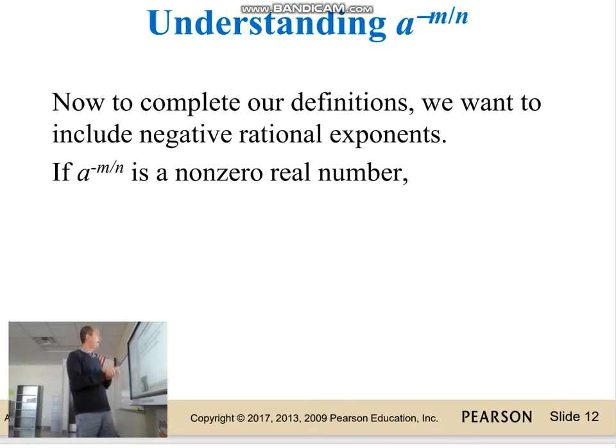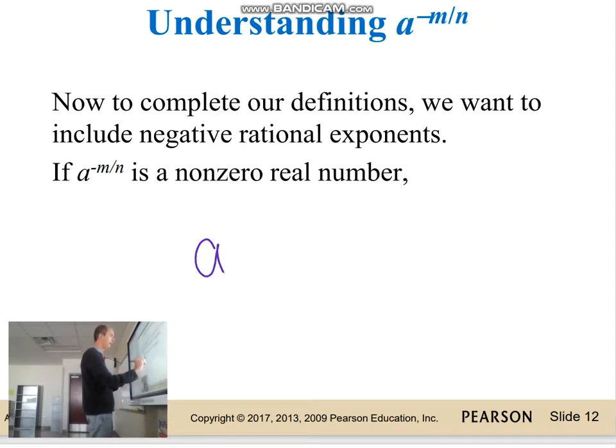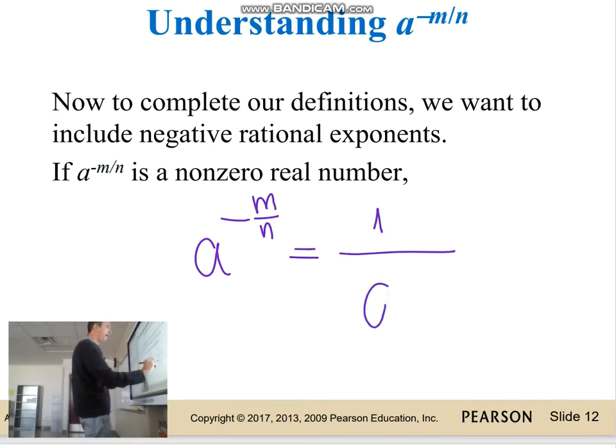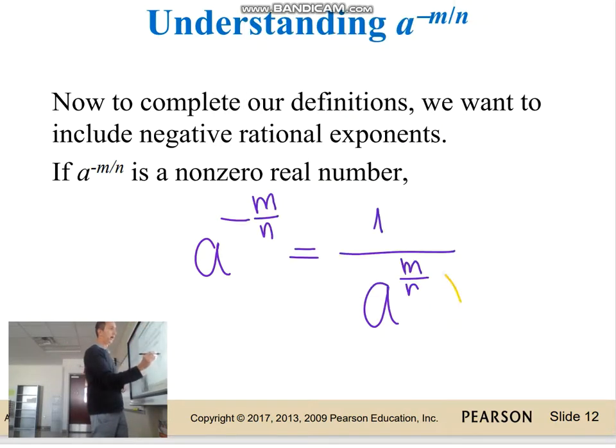And if a exponent negative m over n is a non-zero real number, then you can say that a exponent negative m over n equals 1 over a exponent m over n. You can write like this, and you already know how to rewrite this one as a root, using the nth root and the m as exponent, right?